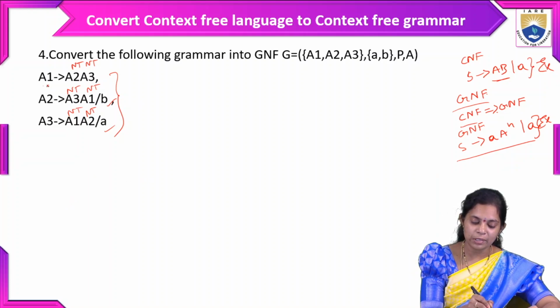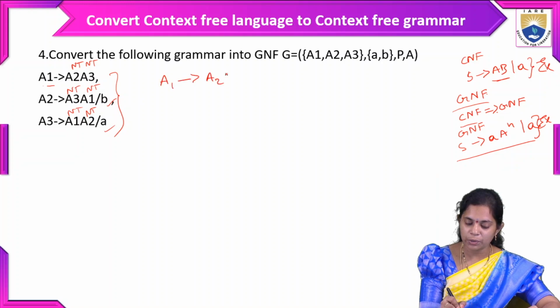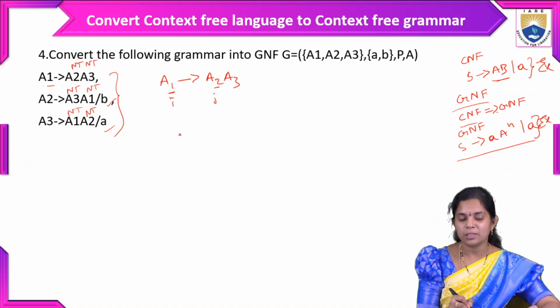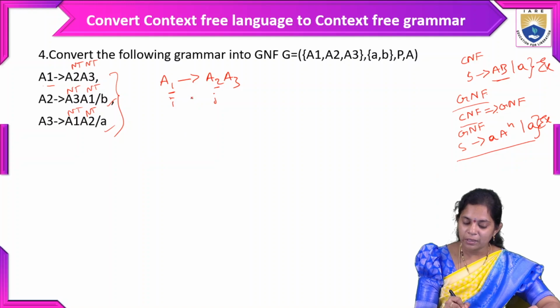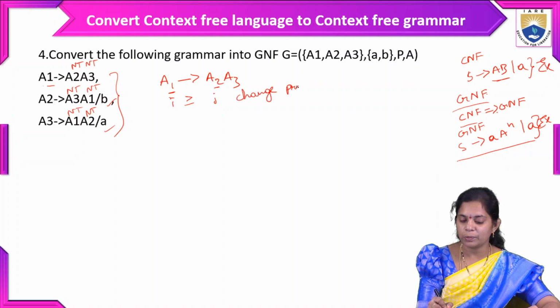For converting into a GNF, we require the equations. We have the values A1 and A2. Let me write A1 tends to A2 A3. On the left hand side I will take the index I, and on the right J. So we have the conditions. If I is greater than J, we need to change the production value.